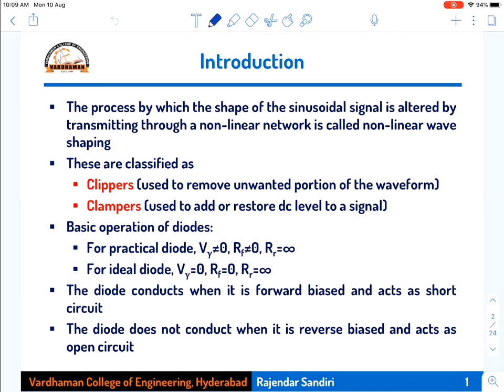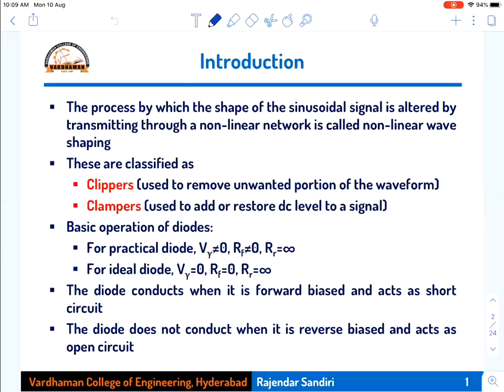All of this happens to a sinusoidal signal, and that process is called the nonlinear wave shaping process. Wave shaping means the shape of the sinusoidal wave is altered by passing it through a nonlinear network. A nonlinear network is a network which consists of nonlinear devices connected in it. What is a nonlinear device that we have studied? It is the PN junction diode.